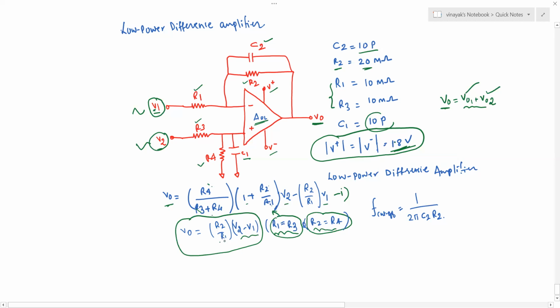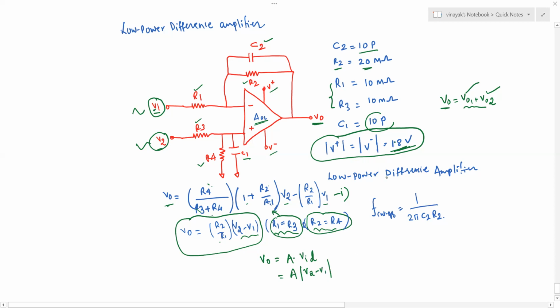Note the sign is positive. So here you have this expression, gain times VID, where you can write gain multiplied by V2 minus V1.